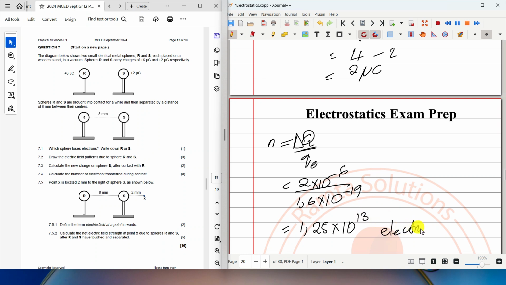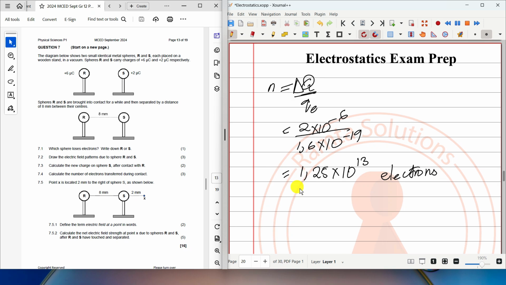So these are the number of electrons that were transferred. Is that true? Yes, it's 1.25 times 10 to the 13 electrons that were transferred. Great. Moving on.